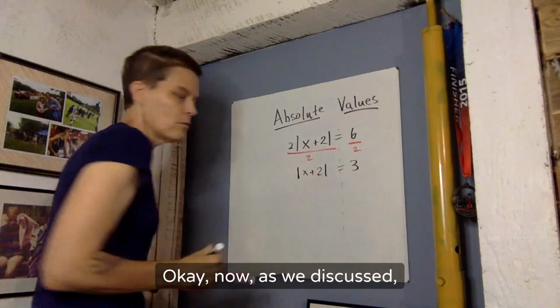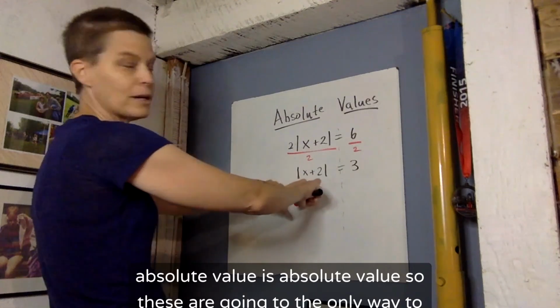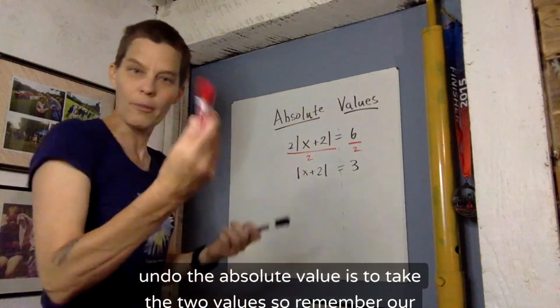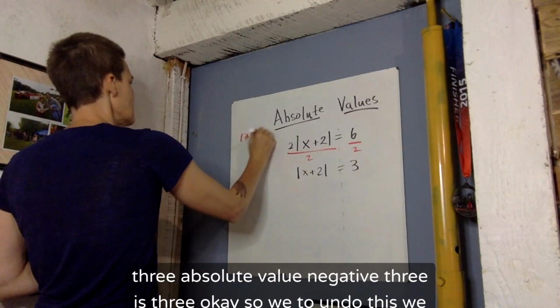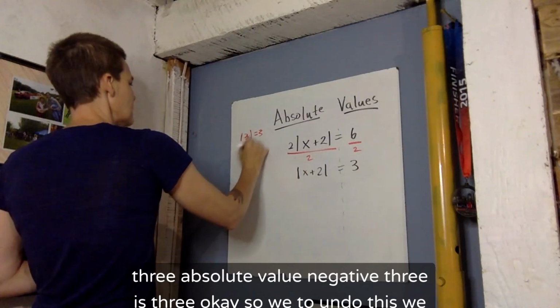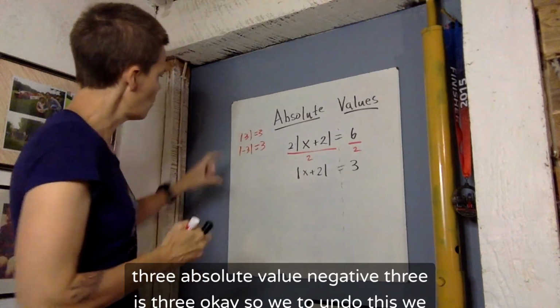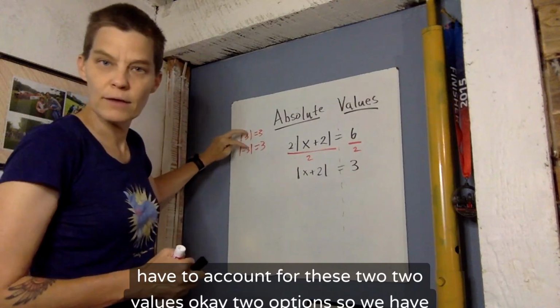Okay, now, as we discussed, absolute value is absolute value. The only way to undo the absolute value is to take the two values. So remember our markers, right? Now rewrite this up here. Absolute value of 3 is 3. Absolute value of negative 3 is 3. Okay? So to undo this, we have to account for these two values.